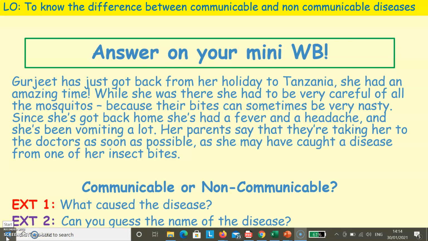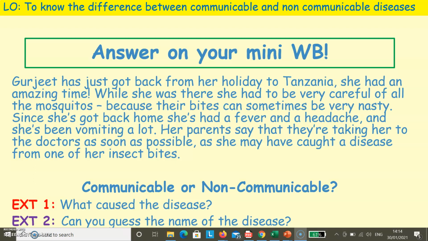Okay, amazing. So what caused the disease? Actually, what caused the disease is a protozoa. A protozoa is a pathogen carried by the mosquito. The mosquito is the vector. Vectors are organisms that carry disease-causing organisms from one organism to another.